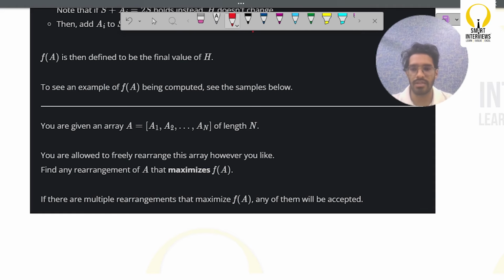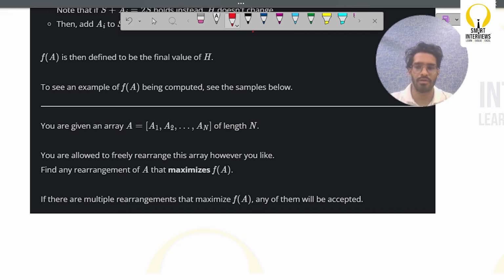They have also mentioned at the end of the problem statement: find any rearrangement of a that maximizes f of a. If there are multiple rearrangements that maximize f of a, then any of them will be accepted. So they are hinting that there can be multiple answers for this, and any answer can be accepted.